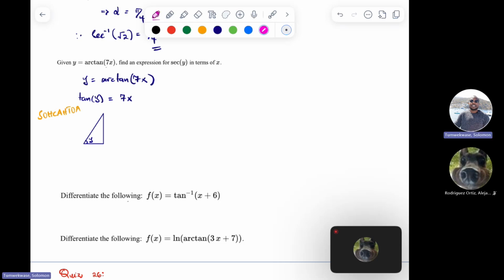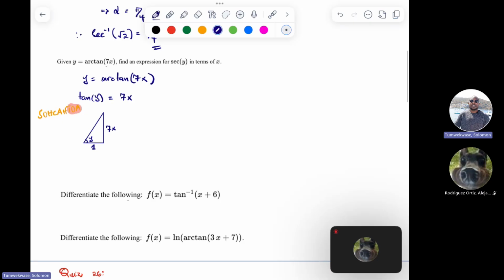We see that tangent is opposite over adjacent. So I have tangent of y is equal to 7x over 1, and therefore in my triangle the opposite is 7x, and the adjacent is 1. And from Pythagoras theorem, I can tell that the hypotenuse is 1 squared, which is 1, plus 7x squared, the whole of it under a square root.